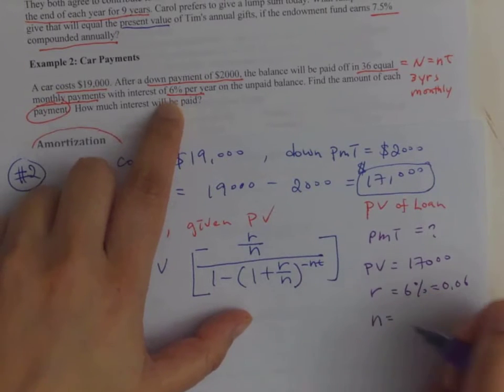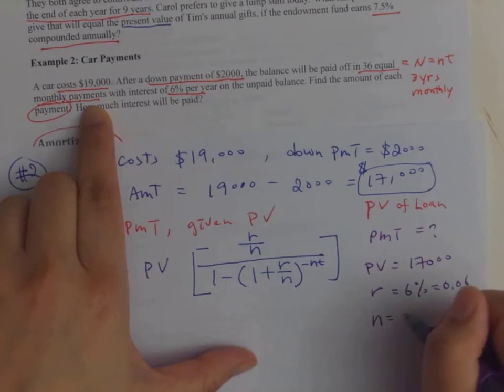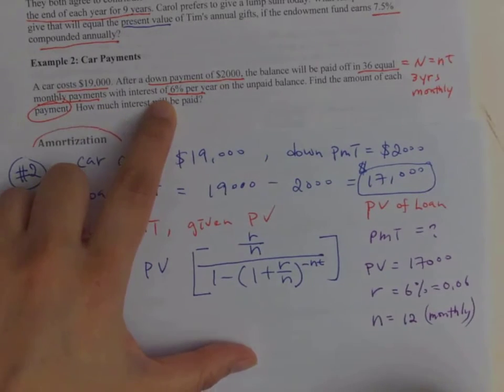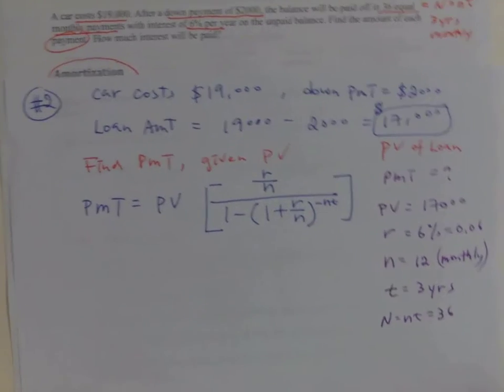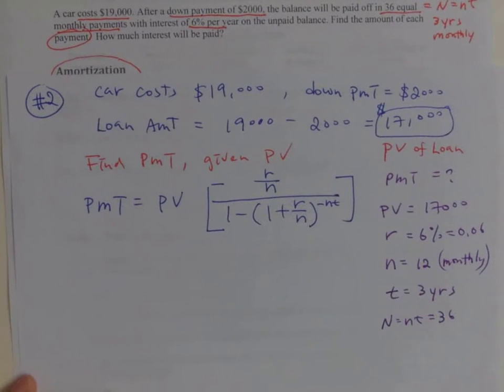And then N, because it's a monthly payment, is going to be 12, 12 times a year. And then T is going to be 3 years, so we can think of it as N times T equal to 36 payments. So we can plug it in.